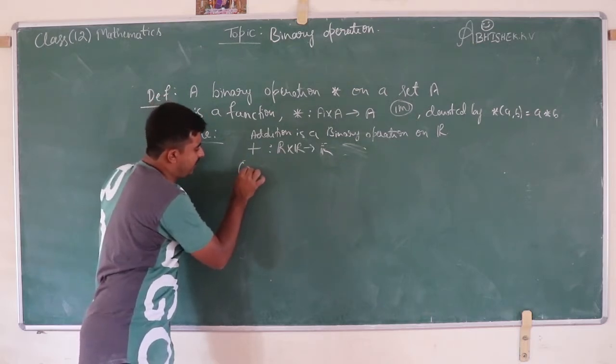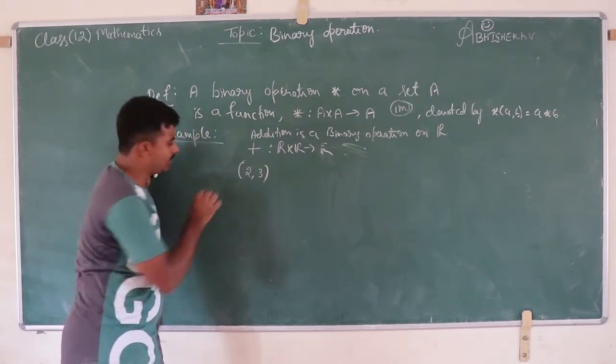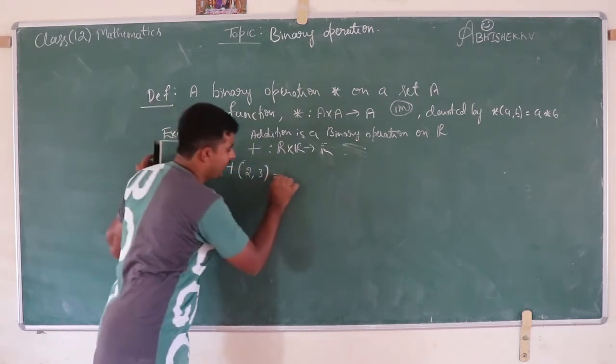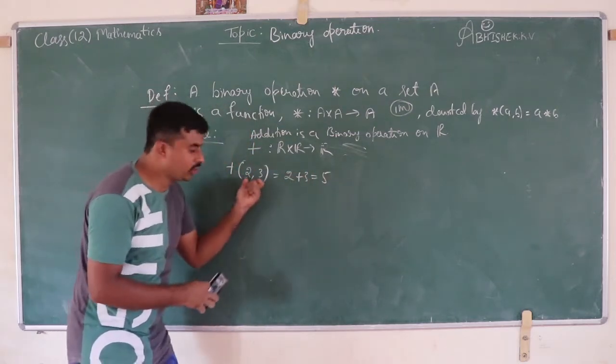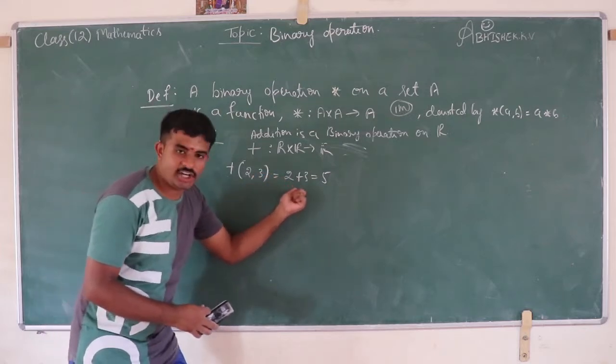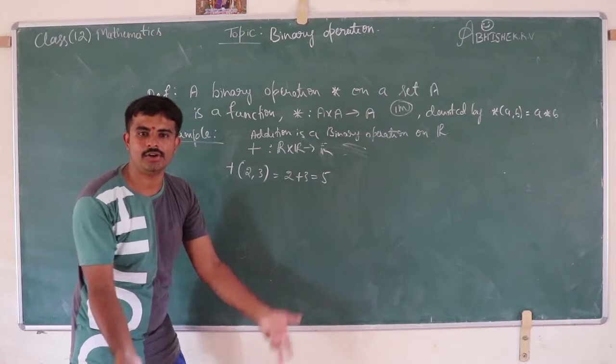If I consider 2 and 3, do 2 and 3 belong to real numbers? What is addition of 2 and 3? 2 plus 3 is equal to what? 5. For any two real numbers, the binary operation is addition. That is, addition of those two numbers should be equal to a real number only.